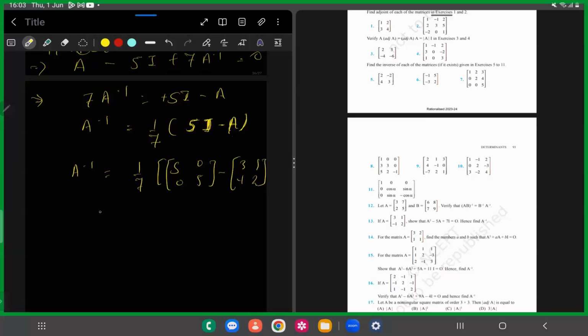This is 1 by 7 times 5 minus 3 is 2, 0 minus minus 1 is 1, 0 minus 1 is minus 1, and 5 minus 2 is 3. So this is our final A inverse matrix.